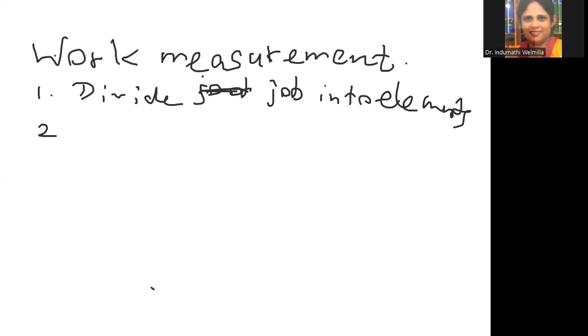I'm not going to write that, it is wasting our time, so please listen. The second step is to observe and record each element, already divided, with any of the work measurement techniques.